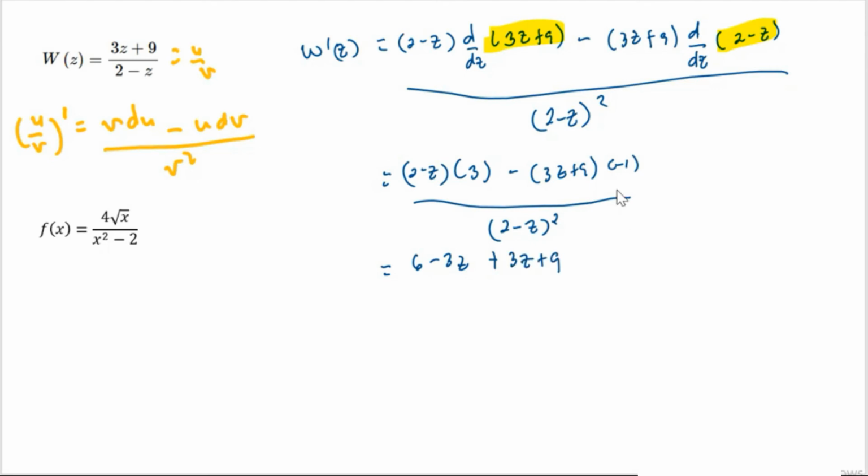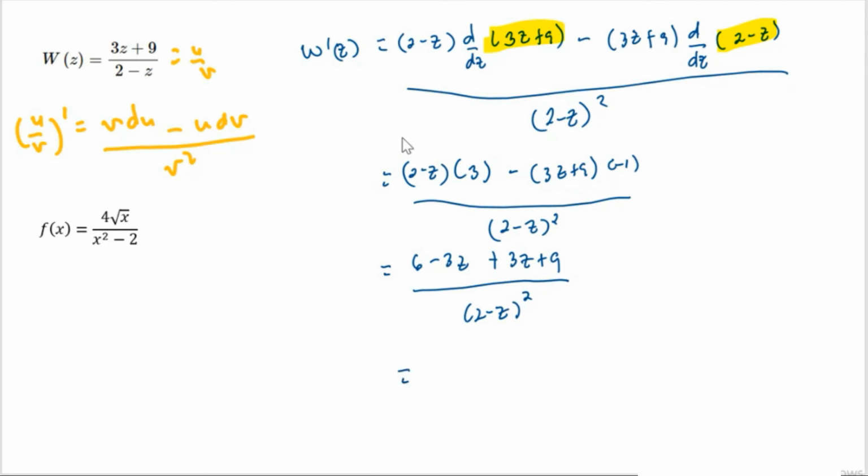Or, if you like, you can use the distributive property, but you have to write negative, then after the negative sign an open parenthesis, so that you will not forget to multiply the negative 1 outside. So this will be all over the square of the denominator, which is the square of 2 minus z.